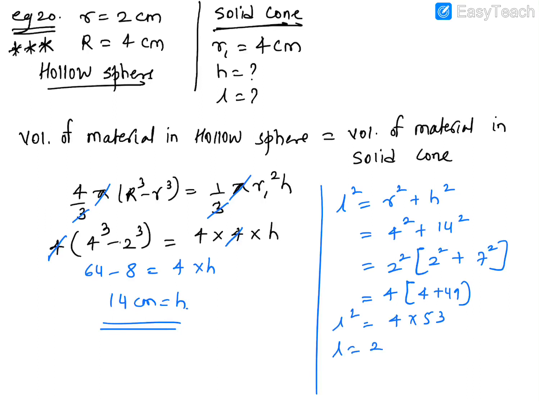So L will be equal to 2 root 53. Now we'll have to find the square root using the logbook again. Take the root of 53 and multiply, and you'll get the final answer. The final answer here is 14.56. It's correct to 2 decimal places, guys, so you need to correct it to 2 decimal places.